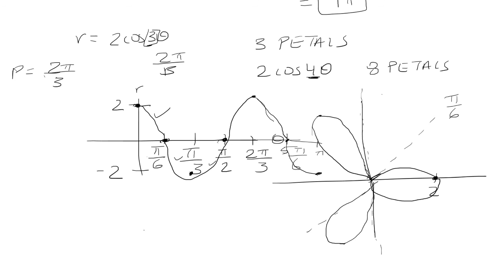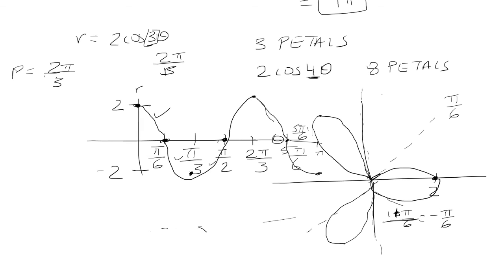So this angle right here was 5 pi over 6, which throws us over here to 11 pi over 6, which we can represent as negative pi over 6.